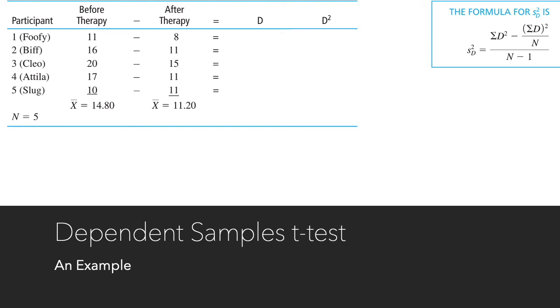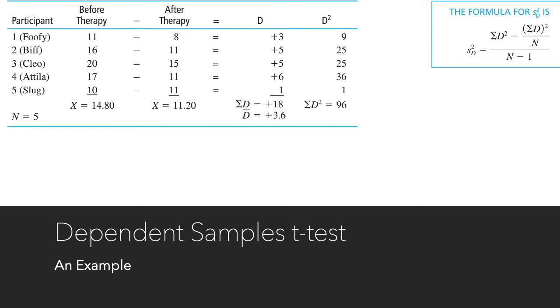So 11 minus 8, 16 minus 11, 20 minus 15, and that's our difference scores: plus 3, plus 5, plus 5, plus 6, minus 1. We're going to sum that difference. 3 plus 5 plus 5 plus 6 minus 1 is 18. Then we're going to calculate the average. 18 divided by 5 is 3.6. We're then going to make a d squared column, just like we would have done with x, but now it's d squared, where we square each difference.